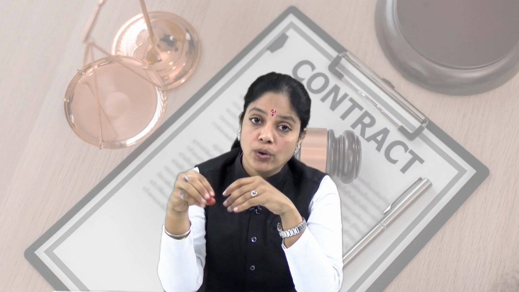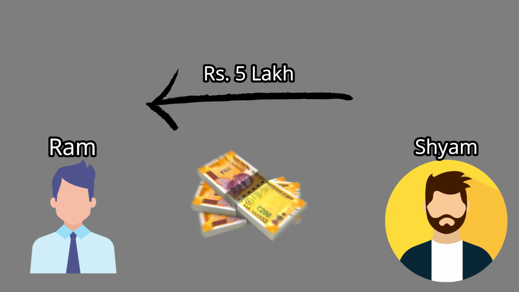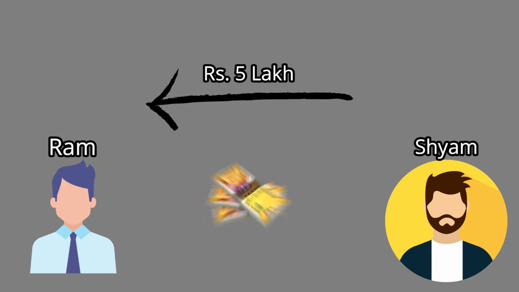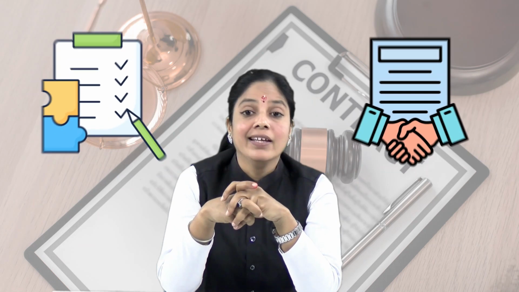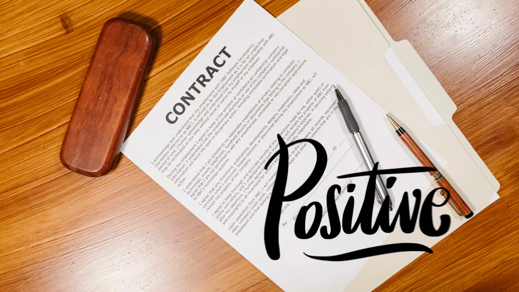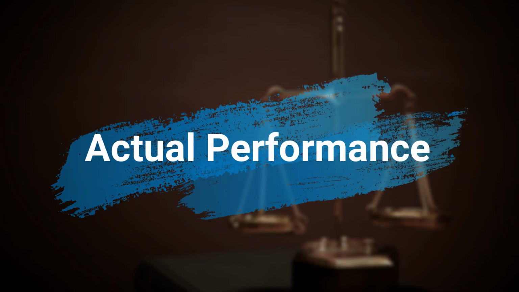Ram has handed over the car to Mr. Sham and Sham has given 5 lakh rupees to Mr. Ram. So both the parties to the contract have performed their legal obligation. The performance is done completely here. It resulted in positive performance and it is called actual performance.